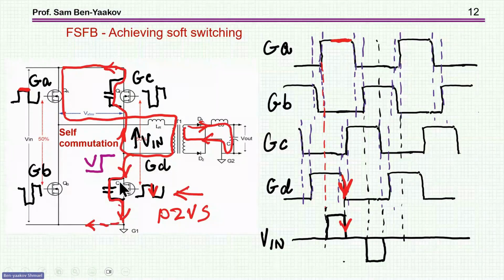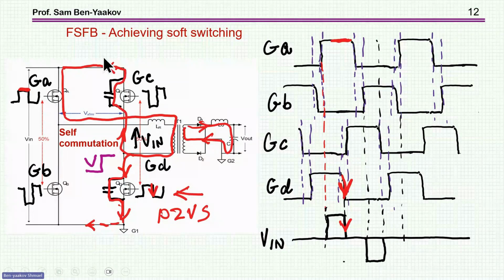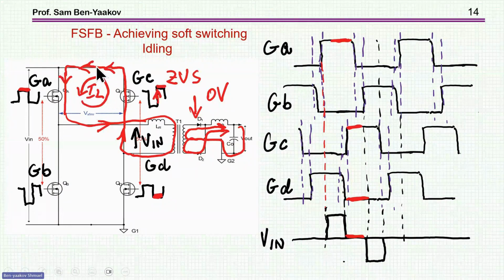And from low voltage, when the transistor was on, it actually charges the capacitor up toward this point until, of course, the diode is conducting.